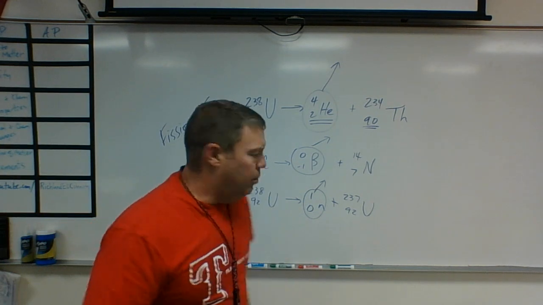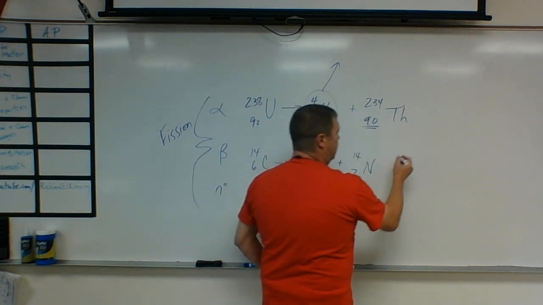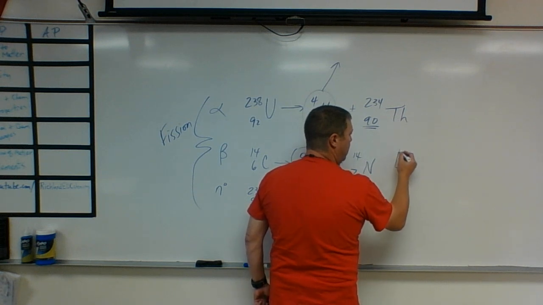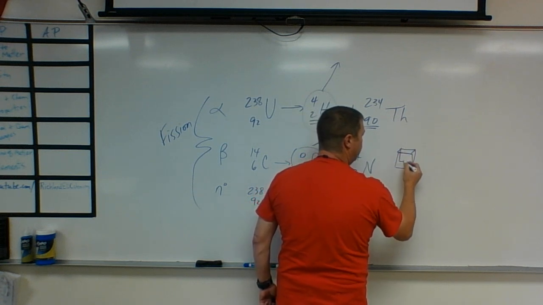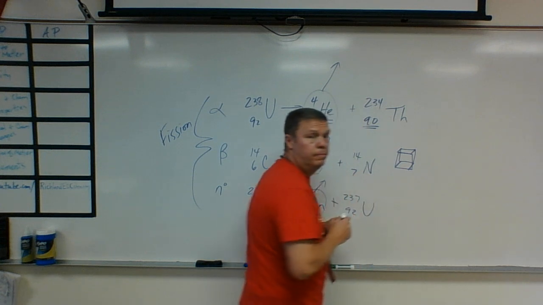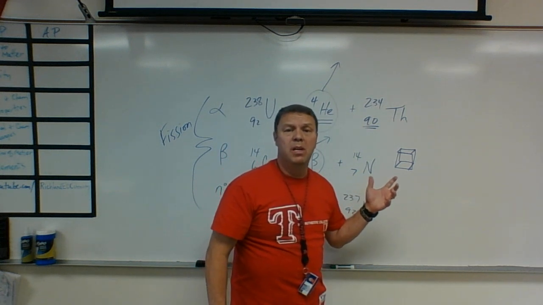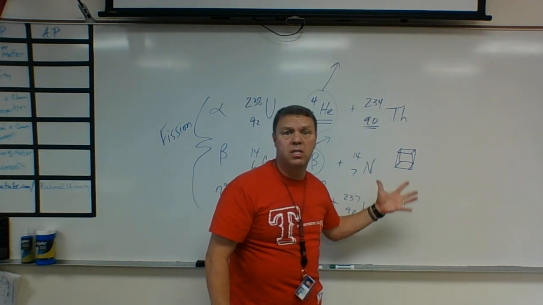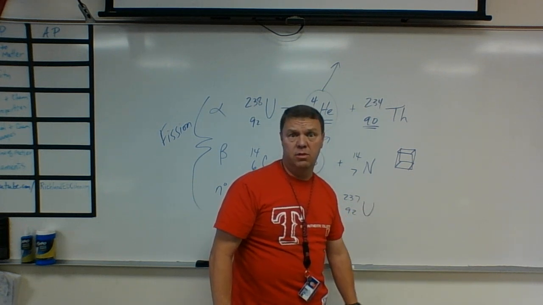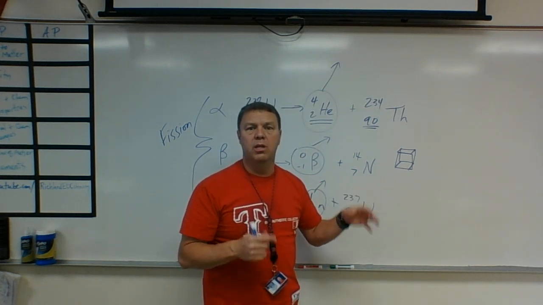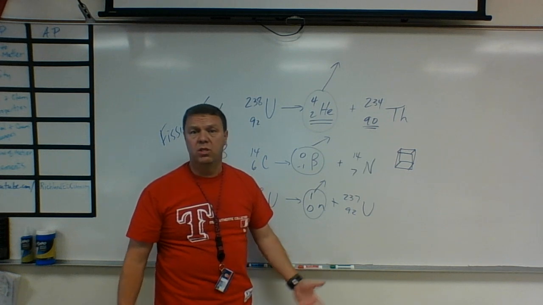But if you had a sample, let me explain real quick. Let's say we only had this much uranium in a cube. Pure uranium. That might be trillions upon trillions upon trillions upon trillions of atoms. And when it sits there, it just normally goes through alpha and beta decay, which is fine.